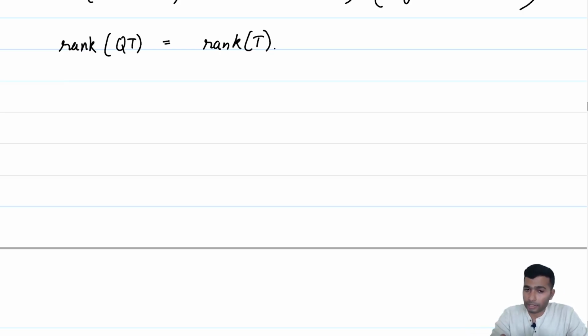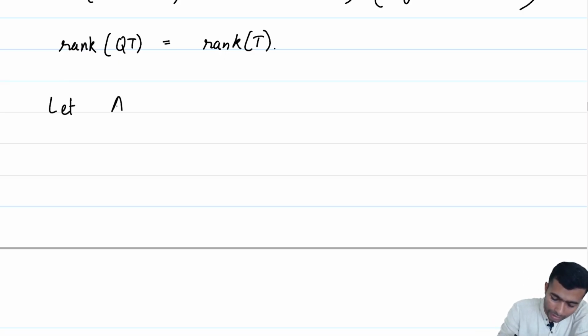The rank of a matrix, as was noted earlier, is something which is well studied and well understood. So we will reduce many times the problem of rank of a linear transformation to the rank of a matrix and work with the matrices. So let us now focus on matrices and the rank of a matrix. Let A be an M cross N matrix.